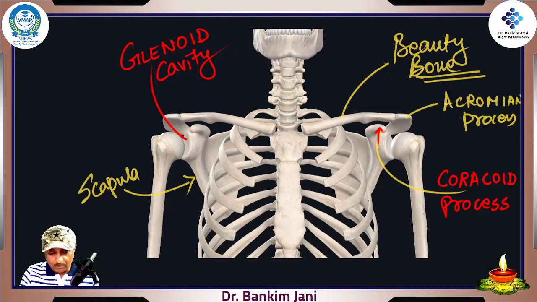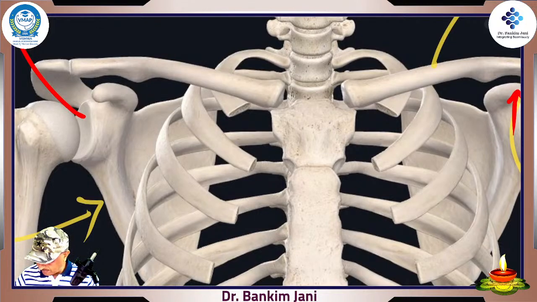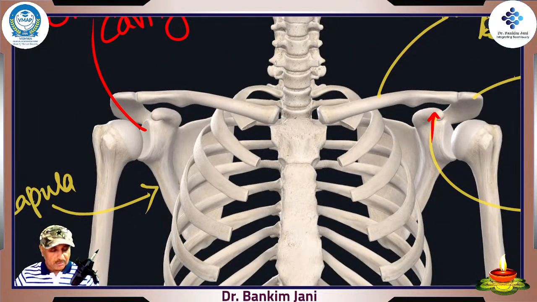What I was telling was, if you can appreciate, I'm just zooming the thing, and what I really want you to see, listen carefully, is whether the humerus head is bigger or the glenoid cavity is bigger.